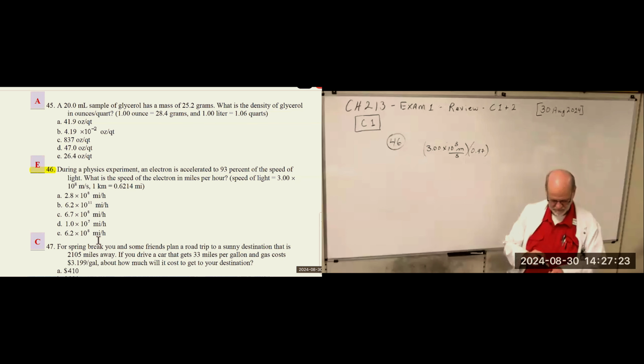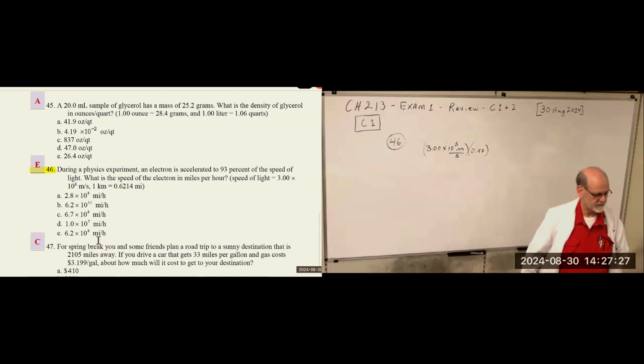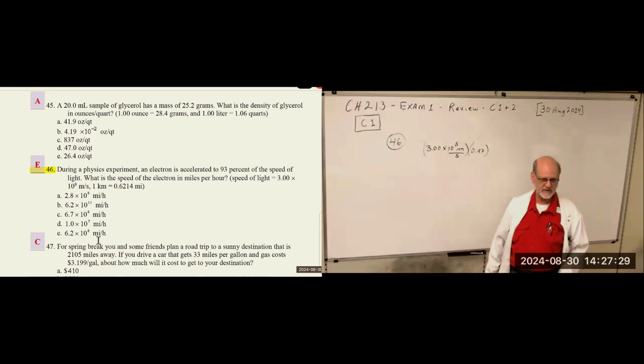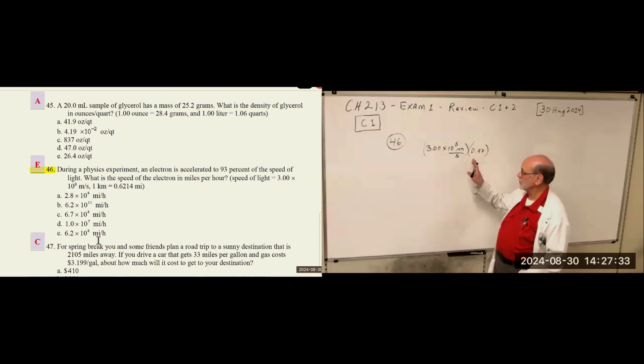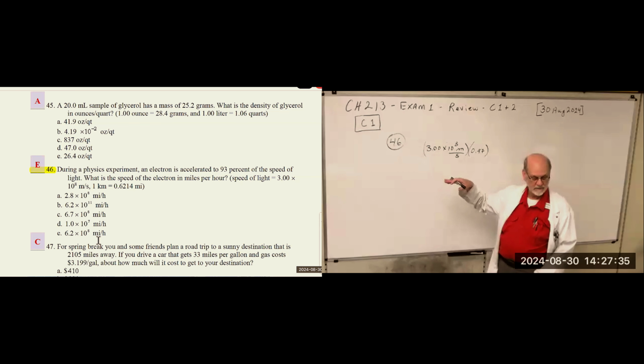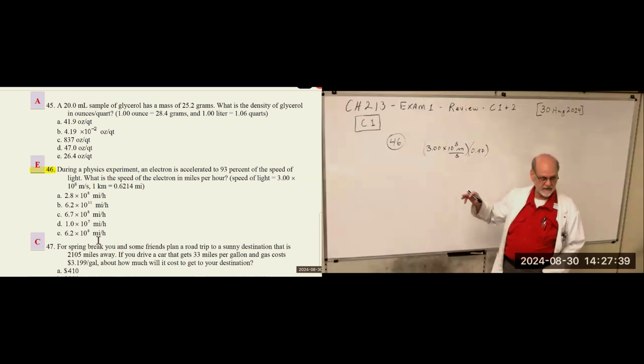Multiplying by percent doesn't make sense. Percent is a dimensionless number. But this fraction is usable for the calculation. 0.93 is equivalent to 93%.